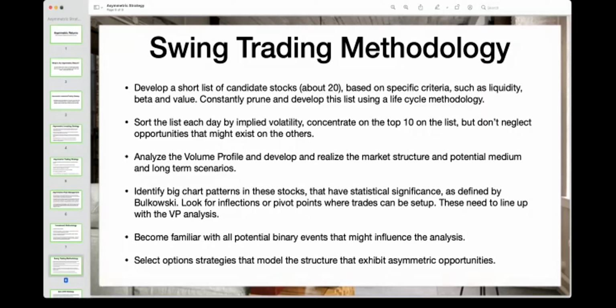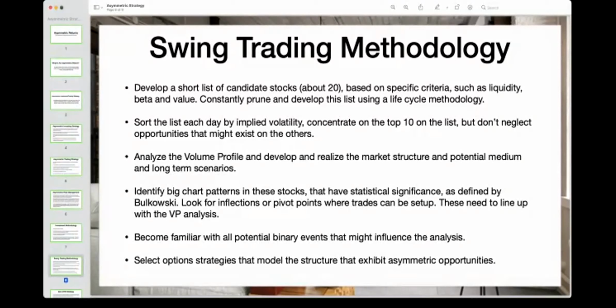The other thing that we do constantly is become familiar with all the binary events that could possibly influence that underlying stock. What's a binary event? Binary events are events that happen at a specific time, and they're like one time, or they could be repeated, but they're happening that day.